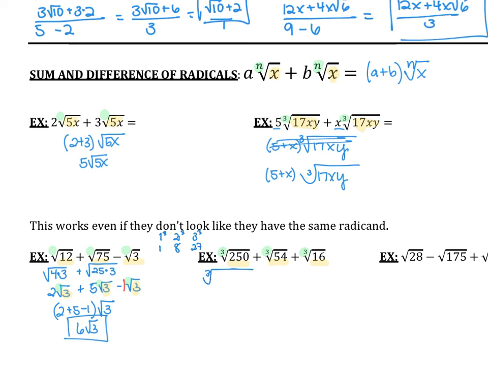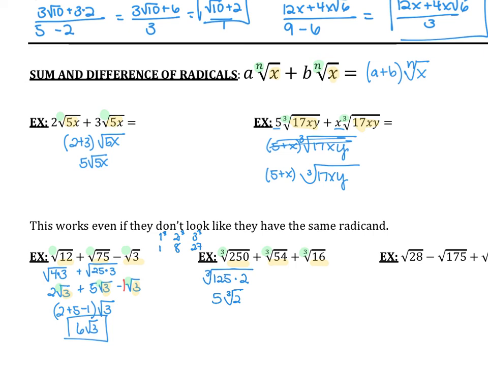I would at least know your perfect cubes up to 5, which is 125 times 2. So I know I could rewrite cube root of 250 as the cube root of 125 times 2. They say the same thing. And I just so happen to know the cube root of 125 is 5. So what I'm left with is 5 times the cube root of 2.